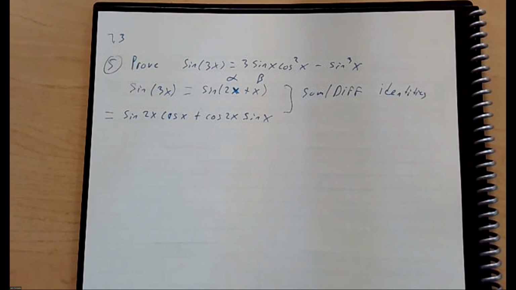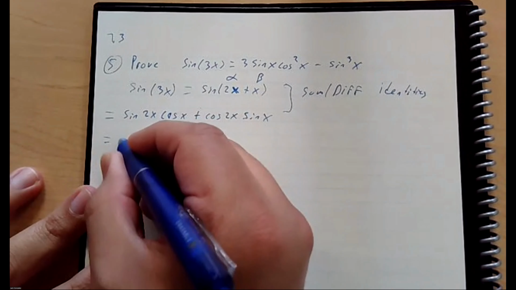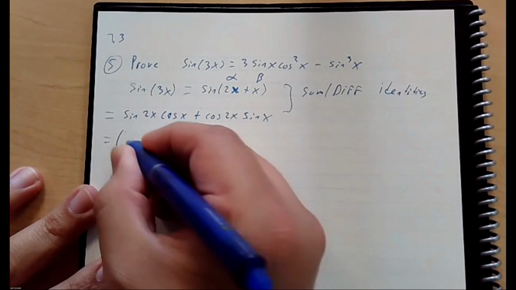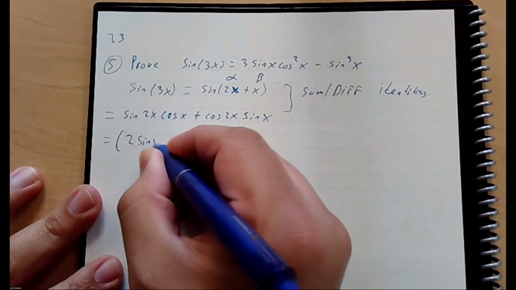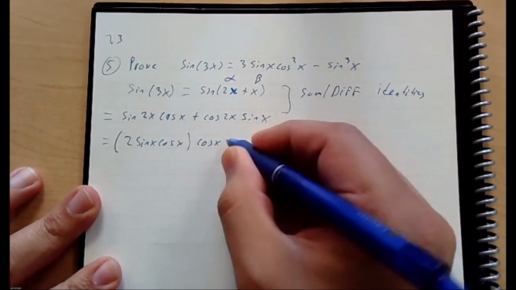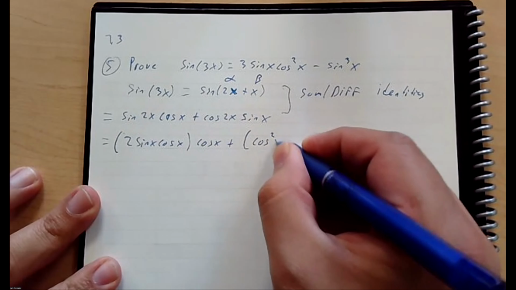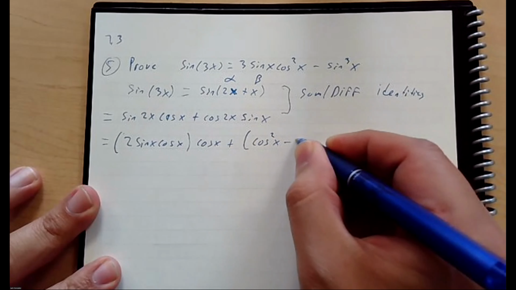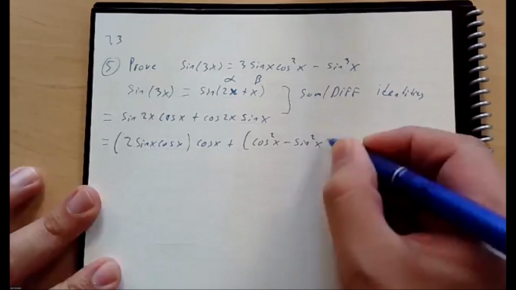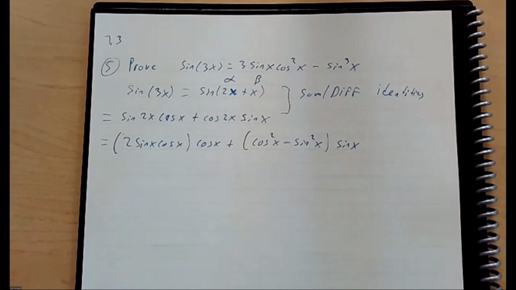Okay, so now I see a bunch of double angles, which might help us, right? Use the double angle for sine 2x. We know that's going to be 2 sine cosine times cosine plus. Again, I'm going to use this form for the double angle of cosine.